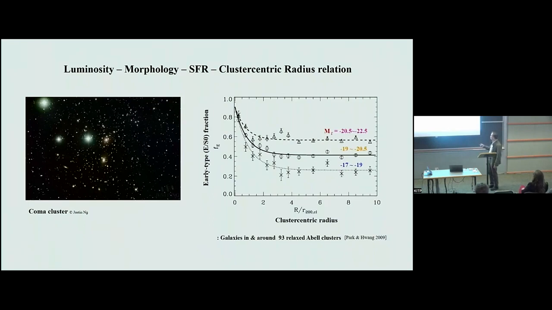We are using galaxies in and around 93 clusters as a function of their absolute magnitude. You can see there is some luminosity dependence of this early type galaxy fraction, and also a cluster-centric radius dependence of these cluster galaxies.